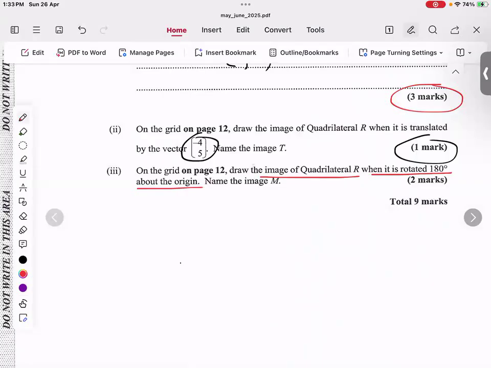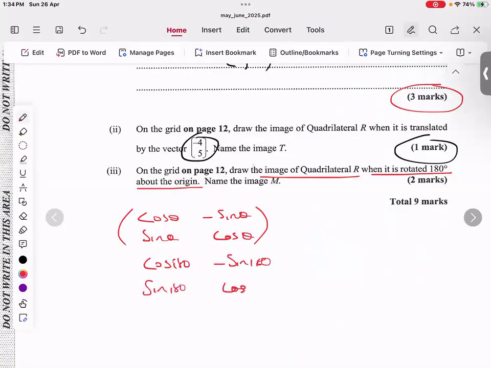When you want to know what the matrix is for a rotation of 180 degrees, you're going to go ahead and you're going to say cosine theta, minus sine theta, sine theta, cosine theta. So go on there and you're going to press cosine 180, minus sine 180, sine 180, and cosine 180.